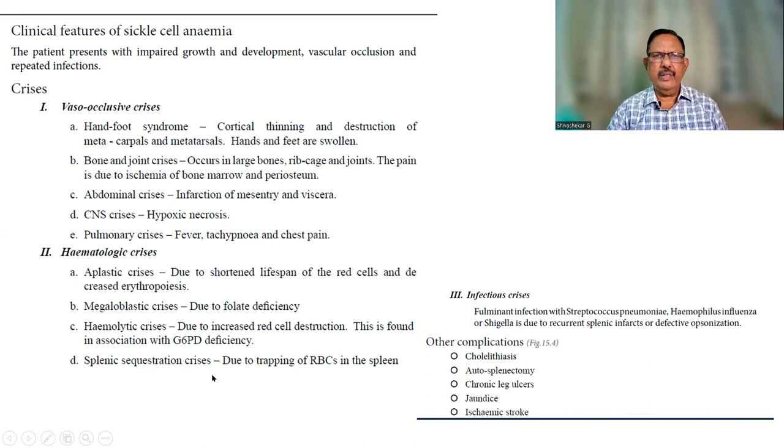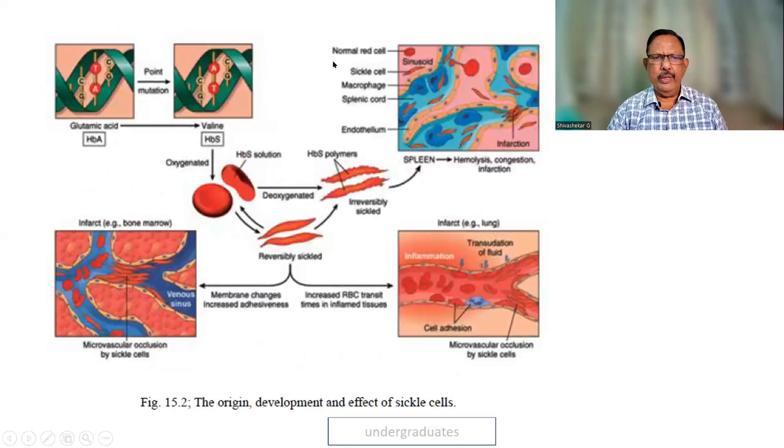Splenic sequestration: repeatedly there is infarction of the spleen, and there can be something called autosplenectomy. Infections with staphylococcal pneumoniae will be paramount. Other complications are cholelithiasis, autosplenectomy, chronic leg ulcers. This is given as a history, jaundice and stroke. So the crisis for sickle cell anemia, extremely important.